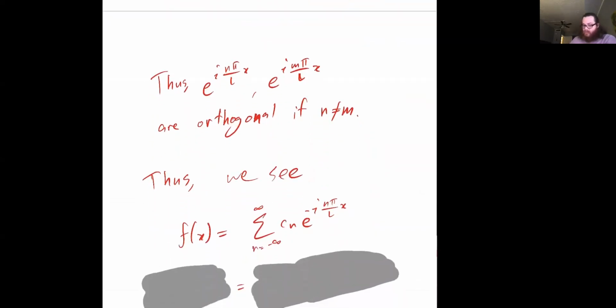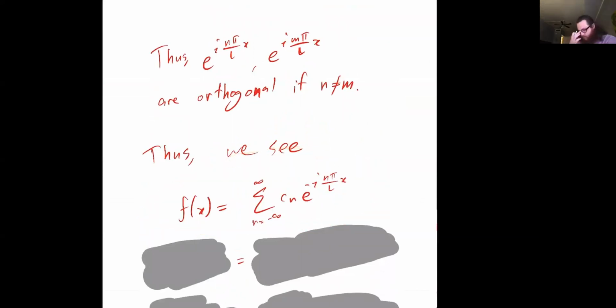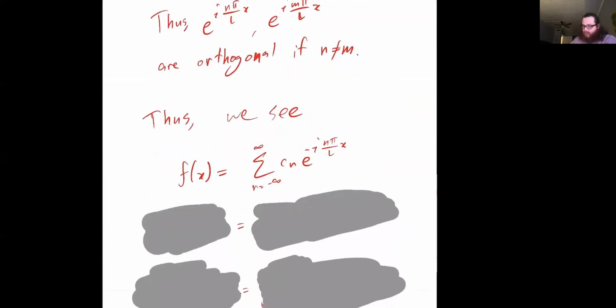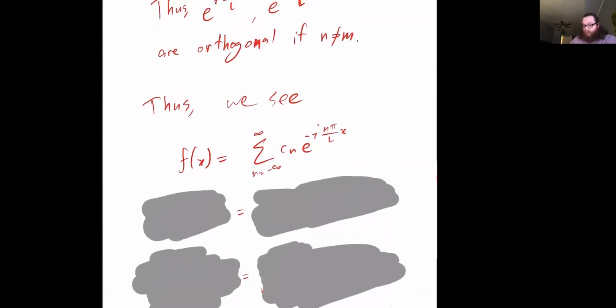Okay. So if we go back to this representation here, if we start with this representation and we want to figure out what are these c sub n, what are these constants, we can use the same strategy we did before, where we multiply by the exponential, integrate over the bounds, things cancel and fall out.